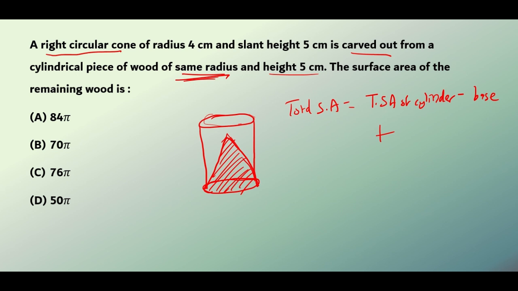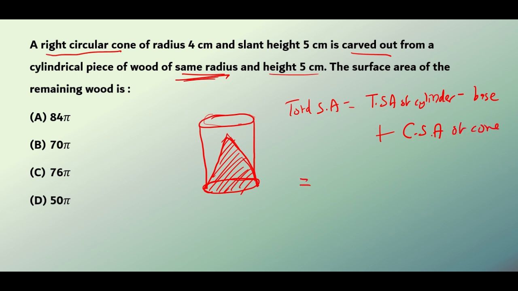If we visualize it, if we feel the outside of this shape, we will also find that the CSA of the cone would also be part of the surface area of the remaining wood. So here would be the CSA of cone.